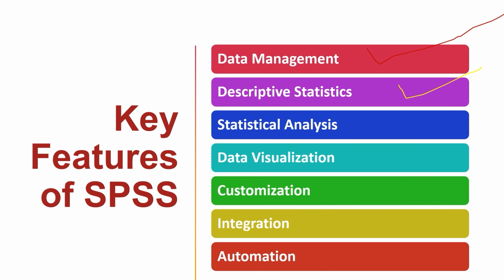It will give you the option of descriptive statistics, through which you can select your variables. Whatever variables you want to analyze, you can quickly click, and it will shift from the right box of the dialog box to the left box, and further you can go for analyzing that data.